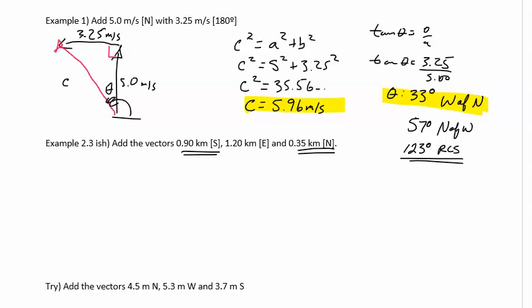They go in the same direction, and if I were just to be adding those together, you would wind up with a 0.9 south and a 0.35 north. That results in a 0.55 south overall. So really we're taking these two and we're going to call that 0.55 south.